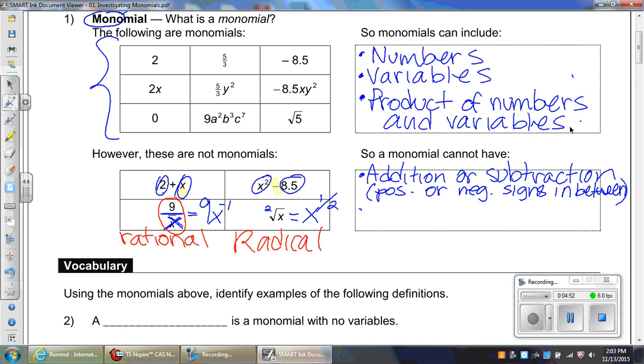So what we're going to say here is that monomials cannot have variables in the denominator. In other words, we cannot have expressions with negative exponents.